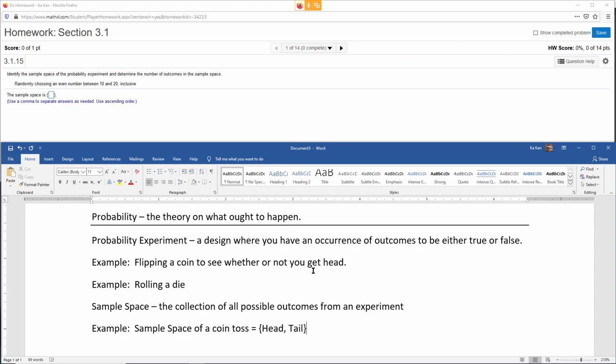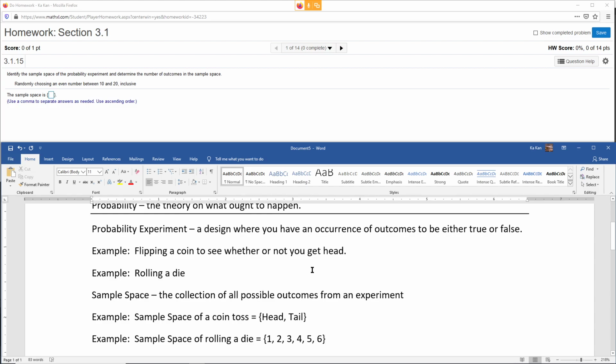That's the only two outcomes you are ever going to get from a coin toss. Another example is rolling a die. The sample space of rolling a die is 1, 2, 3, 4, 5, 6, on a 6-sided die. Some of you may have a die that's 12-sided or something like that. With 6 sides, you get 6 numbers, 6 outcomes. So those are the sample spaces.